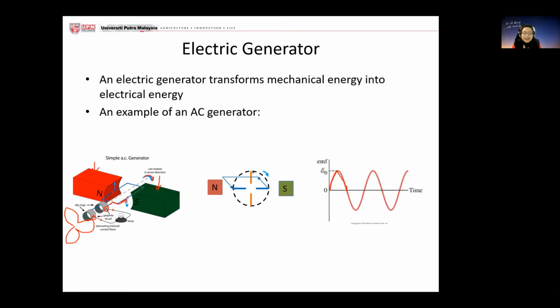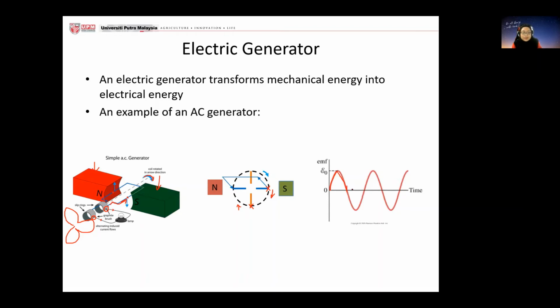In that situation, if you think back here, from this point onwards it's going to go down, right? But when it starts from this point, it's going to turn up, and that will change according to your right hand rule.